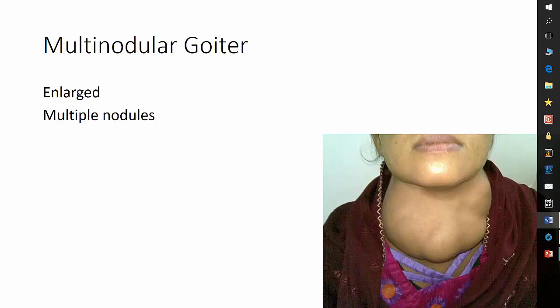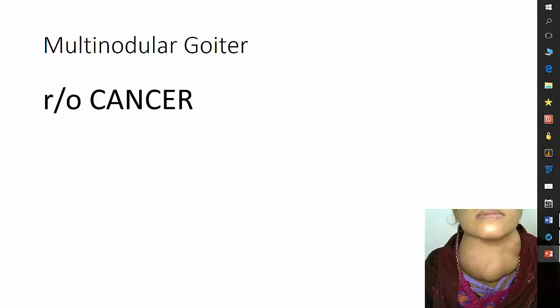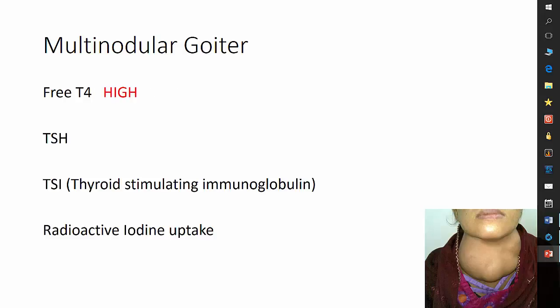Multinodular goiter is another cause of hyperthyroidism and is, as you might expect, an enlarged thyroid with multiple nodules. One issue with this disorder is that you must rule out thyroid cancer. Ultrasonography and fine needle biopsy may be in order. The laboratory evaluation for multinodular goiter would show a high free T4 and, because of negative feedback, a low TSH.